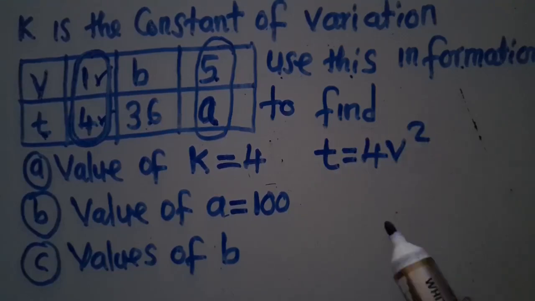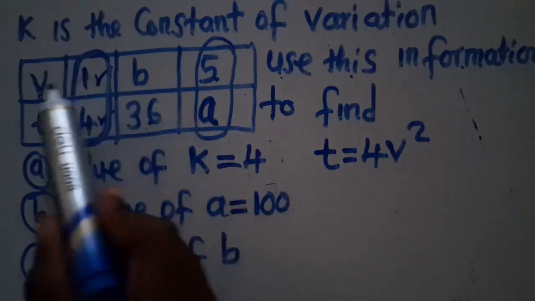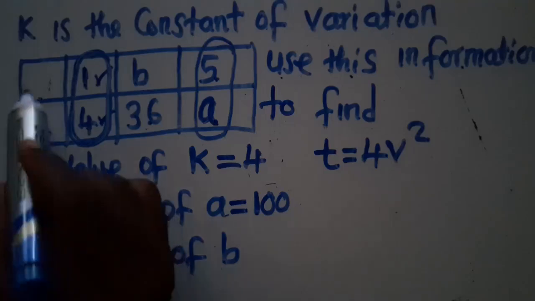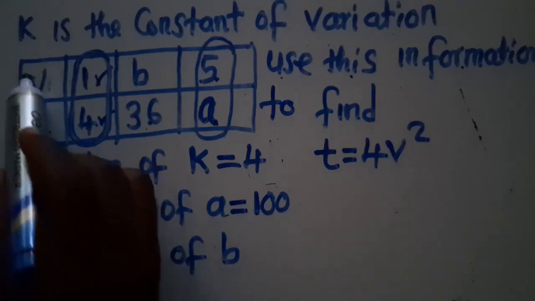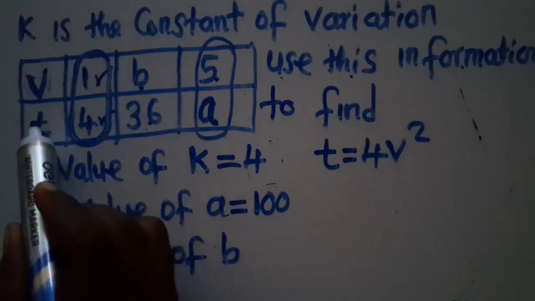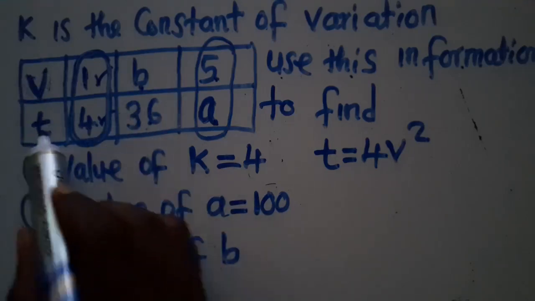Once you find the value of K, replace K in the equation, then you'll be using that equation to find the values that you are required to find. You just use that same procedure. So here, this is V. Where there is V, you put B. Where there is T, you put 36.